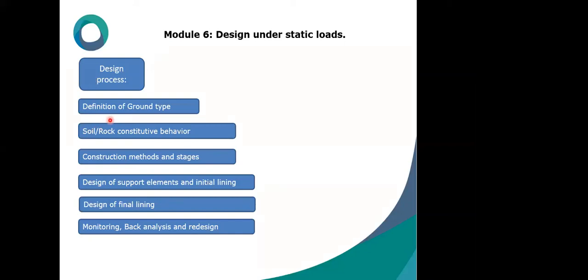At the first stage, we should define ground type and every related issue to the geotechnical considerations. In the next step, we would be selecting soil and rock constitutive behavior. Then the structure should be analyzed considering methods and stages. And now it's time for designing of support elements and initial lining.